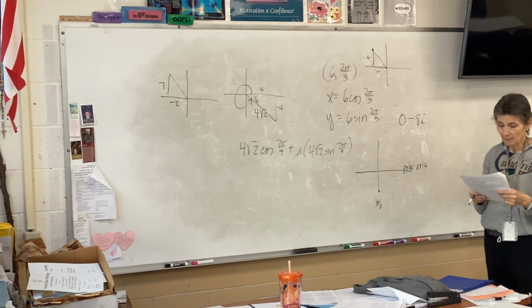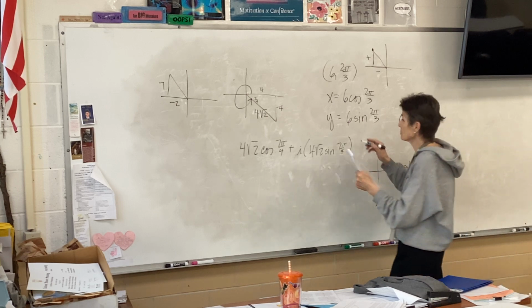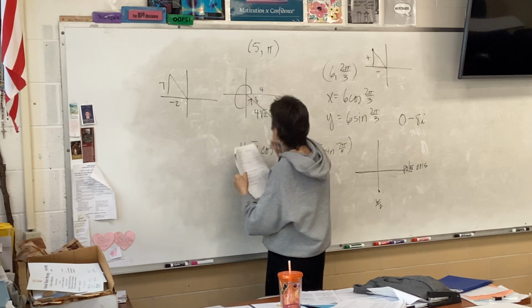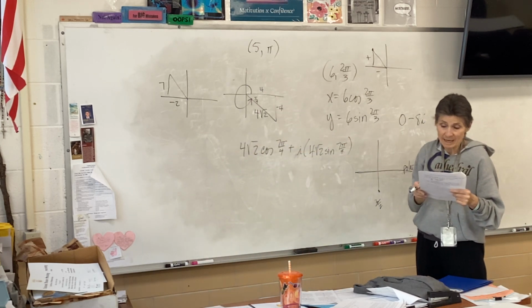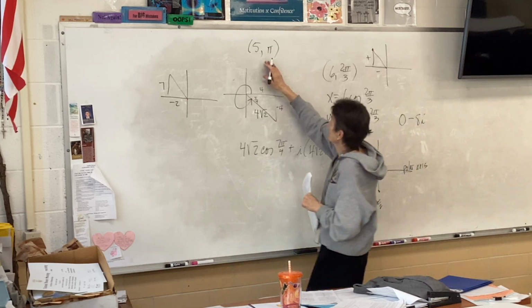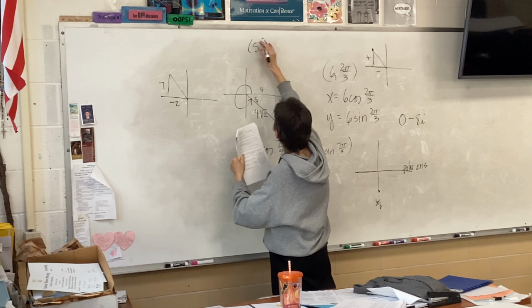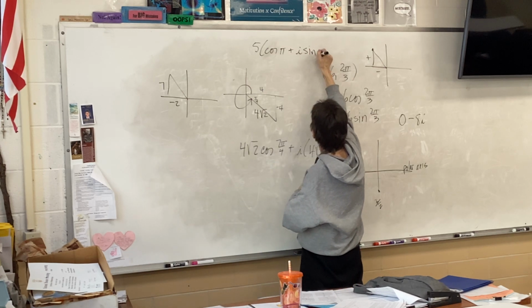The point on the complex plane described by the polar coordinates 5 cosine pi... that represents a real number. Oh, maybe I better write it the right way. So 5 times cosine pi plus i sine pi.